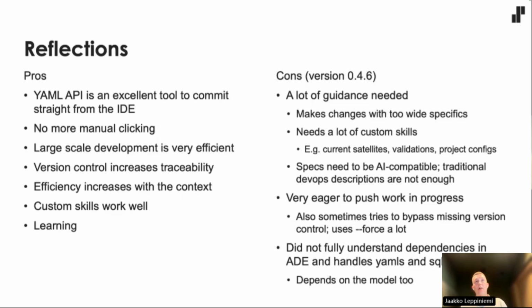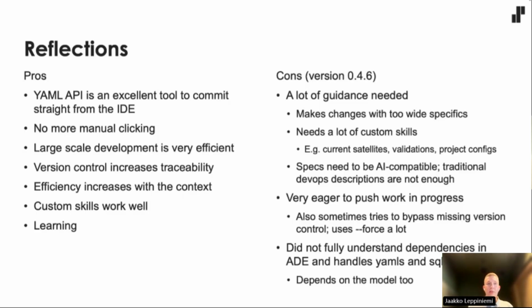So when automating these trivial tasks, it makes large-scale development very efficient. And then, of course, more time goes into configurations, writing instructions, and supervising the output. So especially this large-scale development is very good.